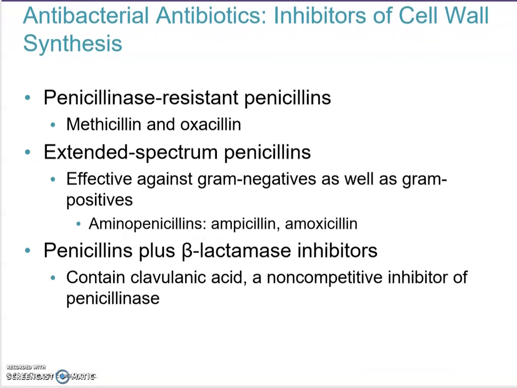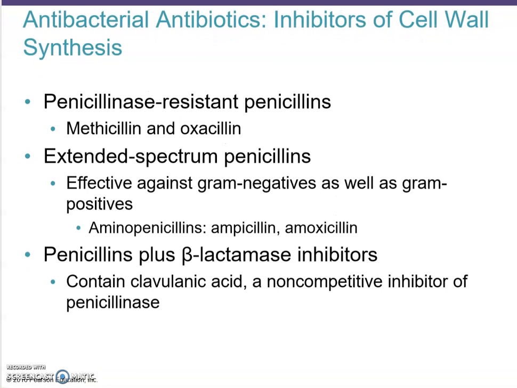Okay. So here is the answer, the next generation antibiotic that then came out. Those would be penicillinase resistant penicillins. And in this case, we have methicillin and oxacillin. And you've probably heard of methicillin resistant Staphylococcus aureus. That would be the MRSA. And if they are resistant to methicillin, that means now you lost.